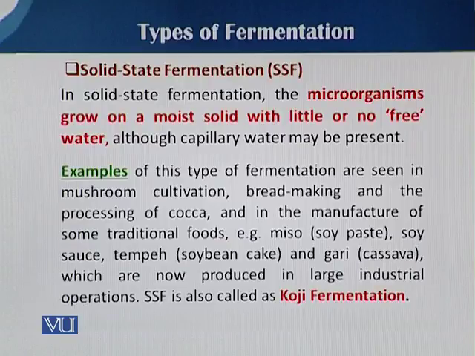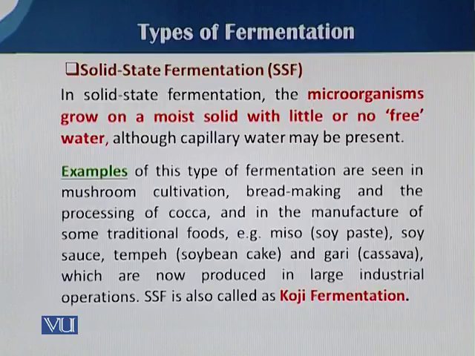Examples of solid state fermentation can be seen in mushroom cultivation, bread making, the processing of cocoa, and also in the manufacture of some traditional foods, that is miso, soya paste, and soya sauce. There are various other examples we can cite here.